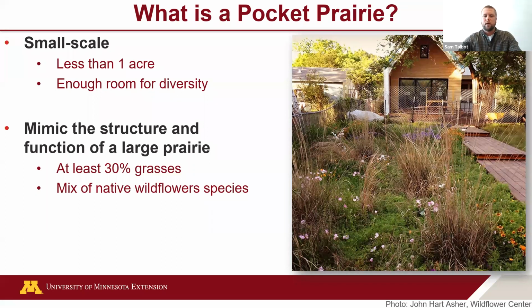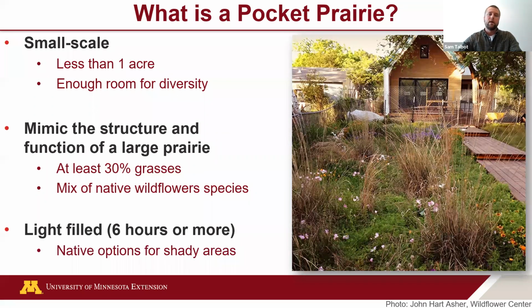The thatch at the base of some of these grass clumps is ideal protection for predators in our cold Minnesota winters. And then because we're talking about particularly prairie habitat, we want light-filled areas. So 6 hours or more for the community of plants that we're going to be planting.